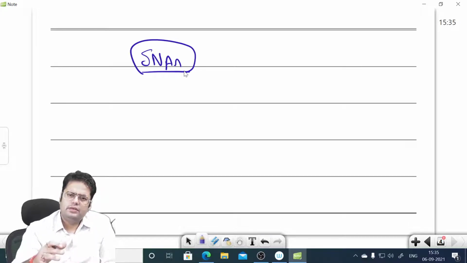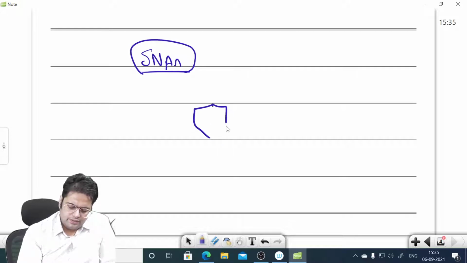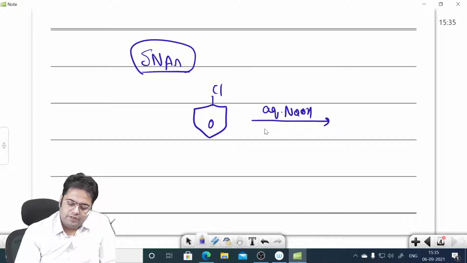First of all, let me introduce you to the reaction. It simply has chlorobenzene, and then we react this with aqueous NaOH at a very high temperature, 623 Kelvin, and a very high pressure.